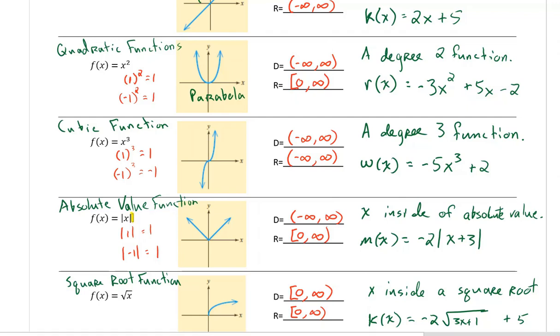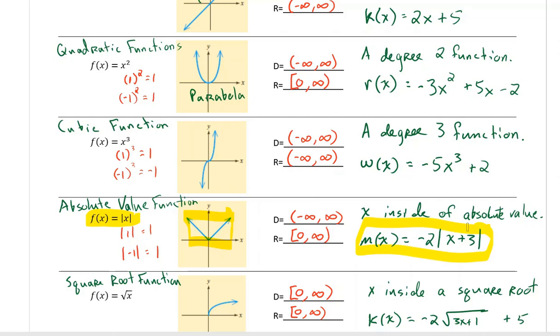And so what I'm getting at with that, whether I give you this basic function, which I have the graph for here, or if I give you some variation of it, it's still going to have infinite width, and so its domain will still be negative infinity to infinity. So all of these that we've looked at so far have a domain of negative infinity to infinity, and if you can imagine any possible variation of them, they're going to maintain a negative infinity to infinity.